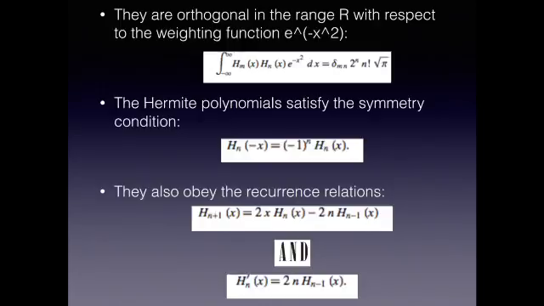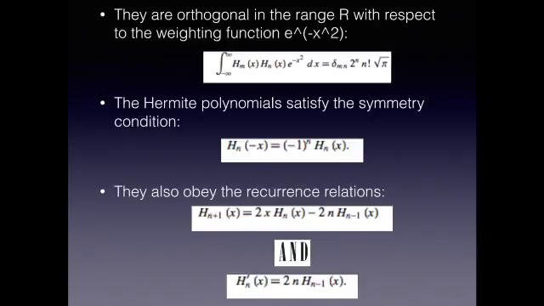The second property of Hermite polynomials is that it satisfies a symmetry condition: Hn of minus x equal to minus 1 power n Hn of x. The third property of Hermite polynomials is that it obeys the recurrence relations.